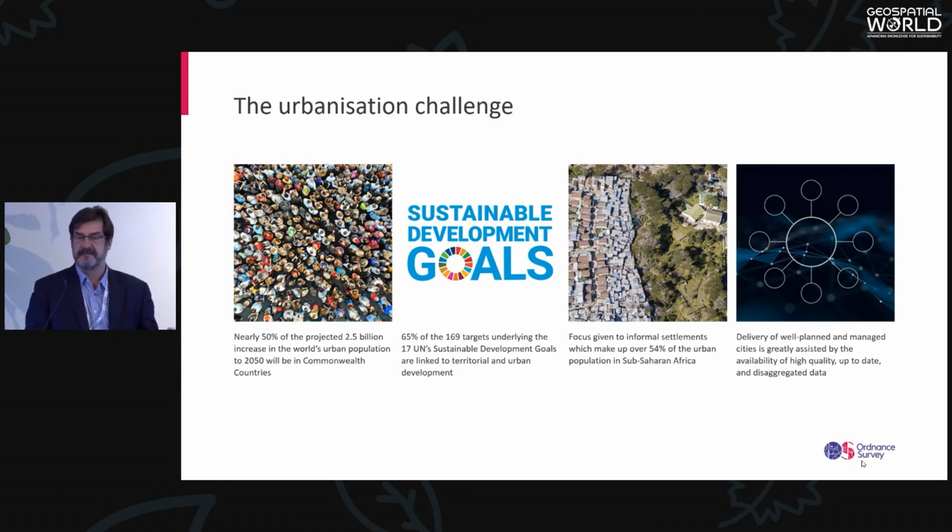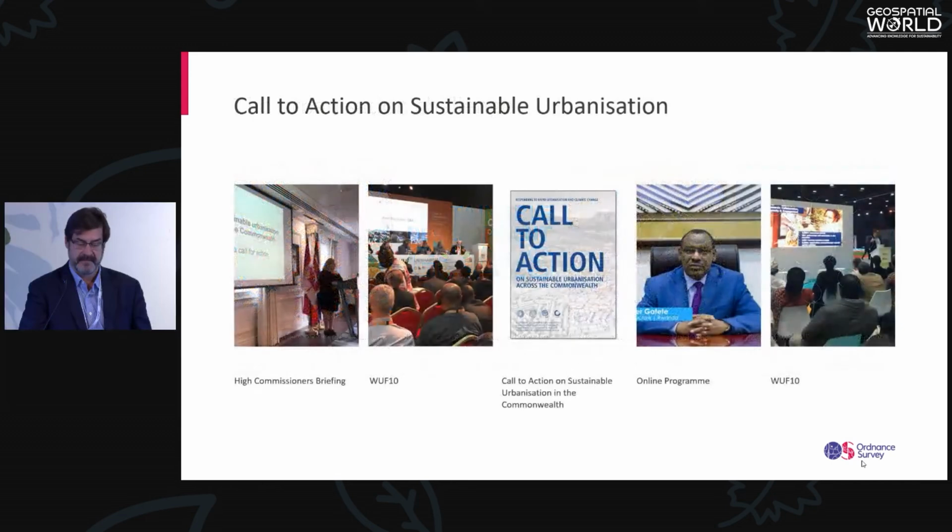And of course, 65% of the SDGs are linked to territorial urbanisation in some form or manner. So this is an important dimension that we must address, and I think geography can play a huge role in this challenge and in understanding how we manage these challenges going forward.